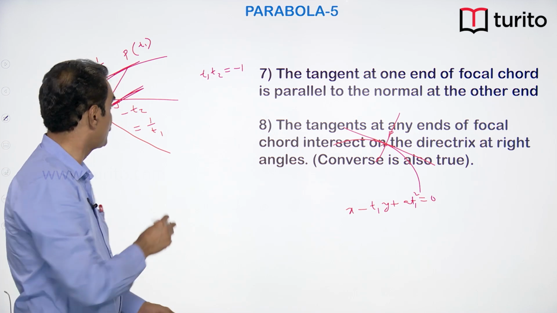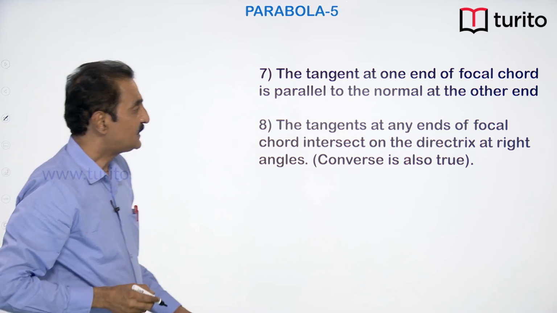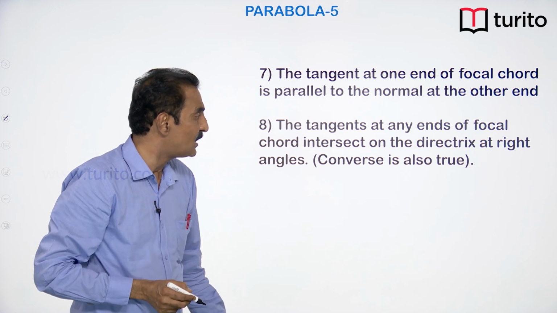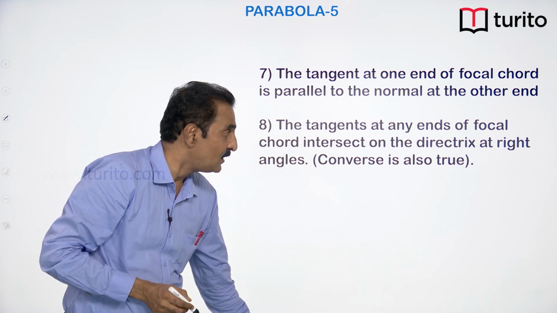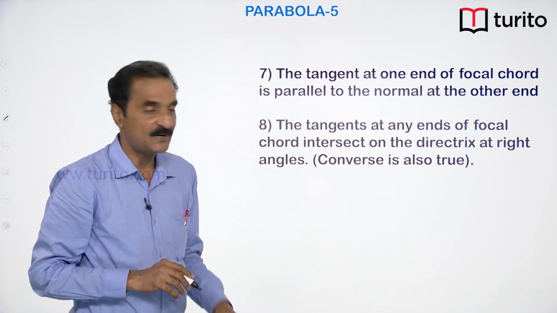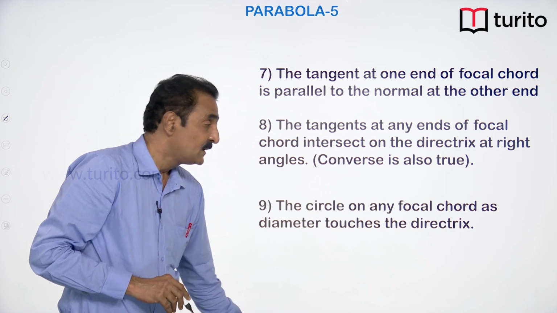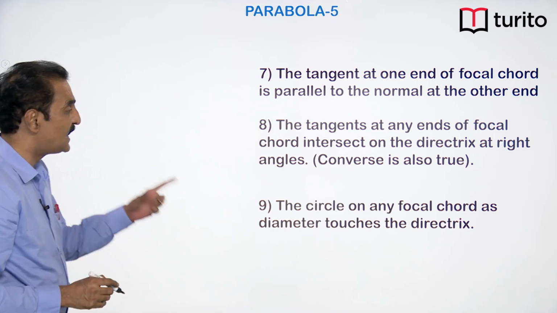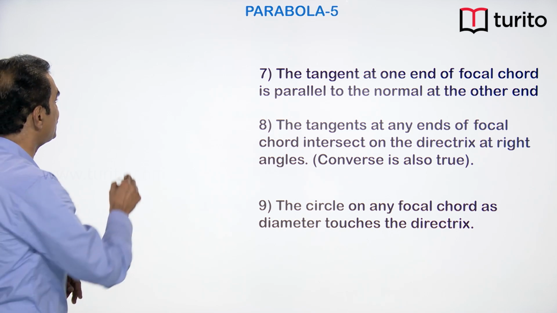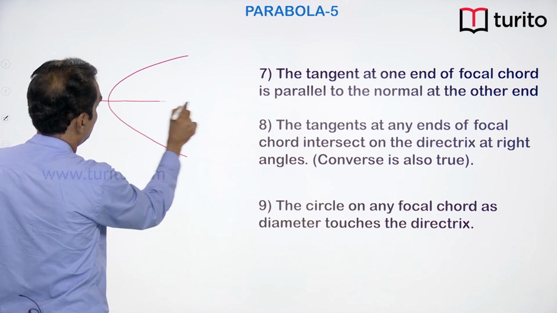Next, the tangents at the ends of focal chord intersect on the directrix at right angles to each other. Already we have discussed about this point. Next is circle on the focal chord as diameter touches the directrix.